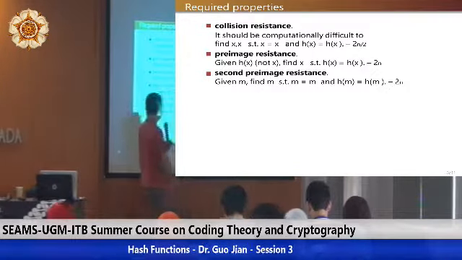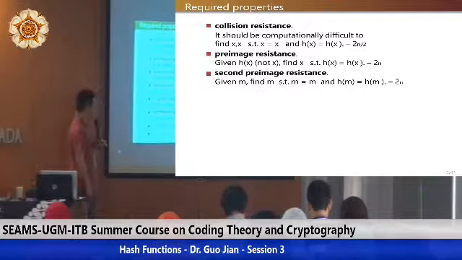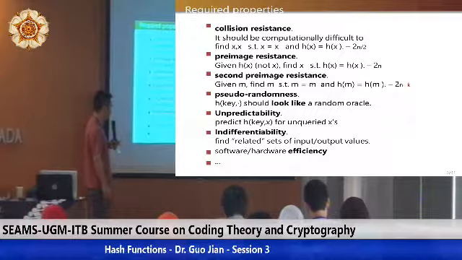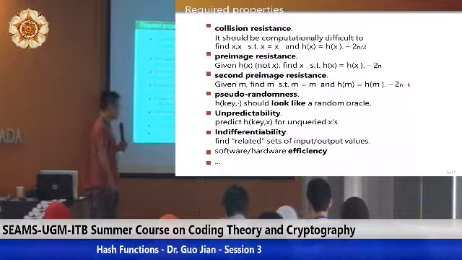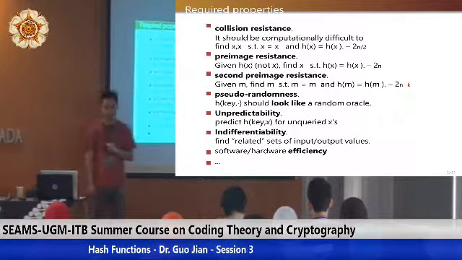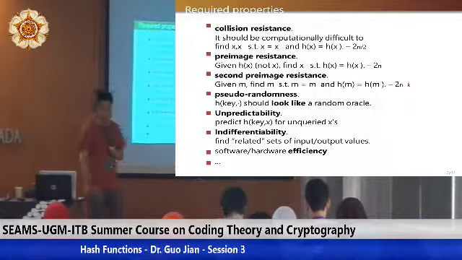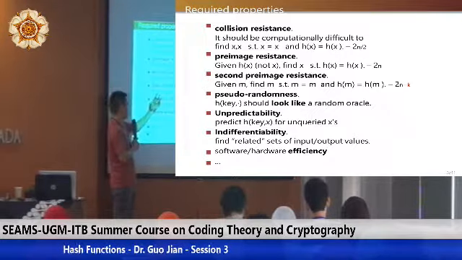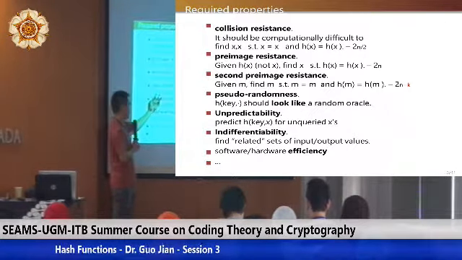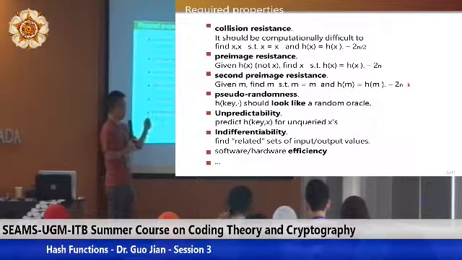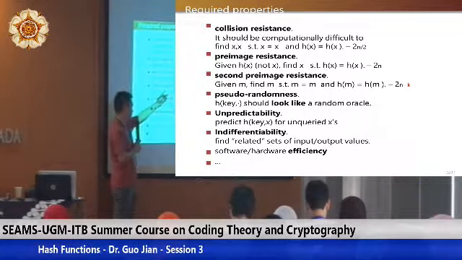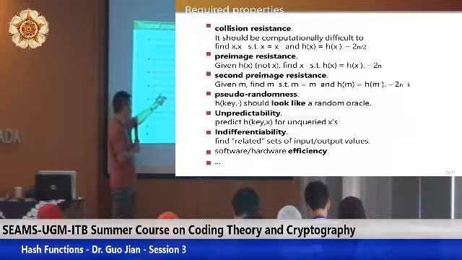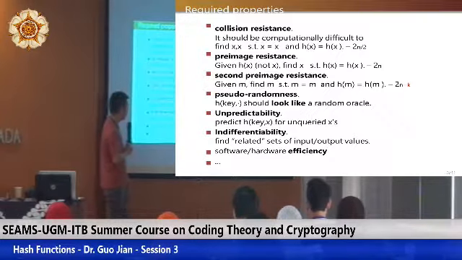We will see later. There are many other properties like pseudo-randomness, unpredictability, and indifferentiability, as well as software and hardware efficiency requirements for hash functions. Pseudo-randomness means if you fix some part of the message, for example the key, the output should look like a random oracle with respect to the message.